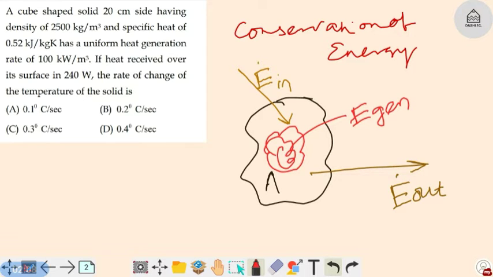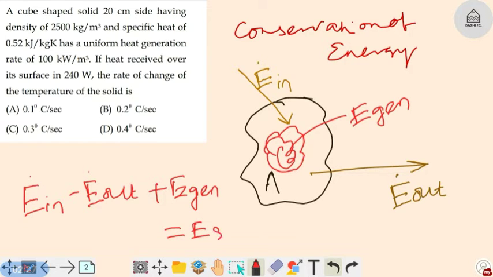If I write E in minus E out plus E generation, then that will be equal to E stored.